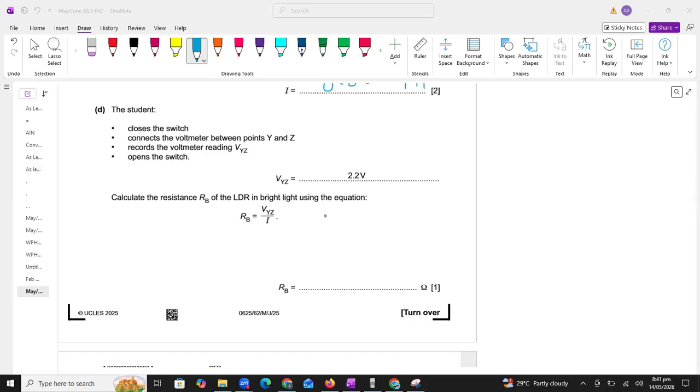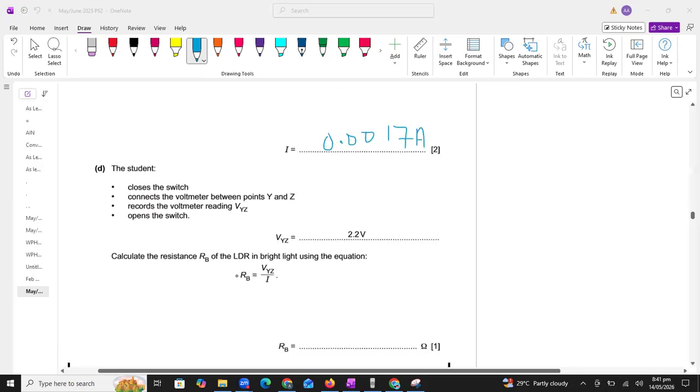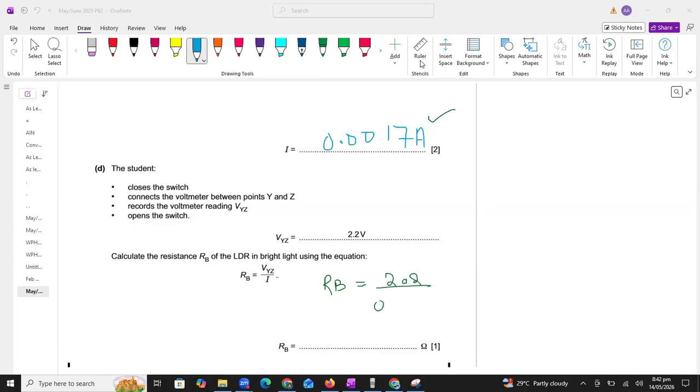So again, students, we have to use the formula which is given in the question. The current value we calculated in the previous part, and we know that the current is the same in a series circuit, so we will use the same current. RV is equal to VYZ, which is 2.2 volt, divided by the current, 0.0017.